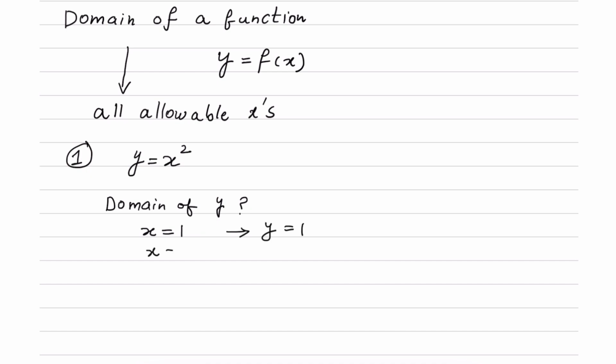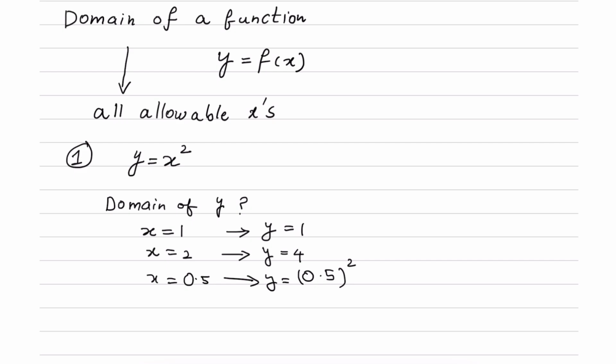If we take x as 2, we get y as 4. Even if we take x as some decimal number, we get y as 0.5 whole square. So what would be the domain in this case?